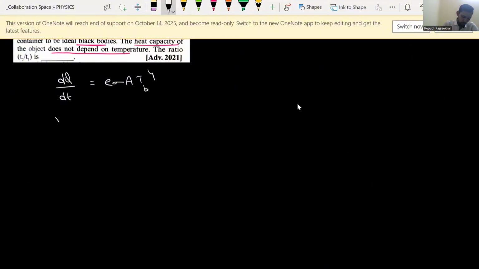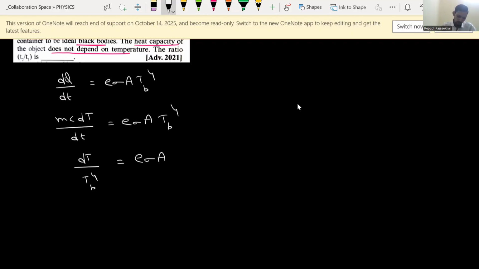Substitute here. dq means mc dt, whole divided by dt, equals e sigma A T_b to the power 4. Now rearrange the terms here. Temperature terms I will write one side, and the time terms on the other side. So dT divided by T to the power 4 equals e sigma A divided by mc into dt.